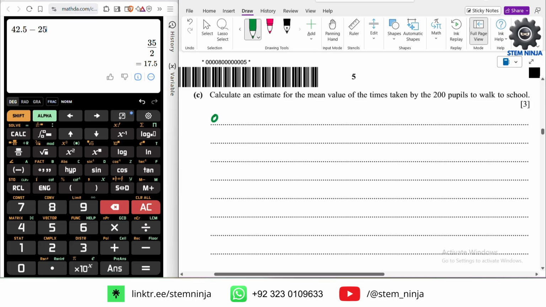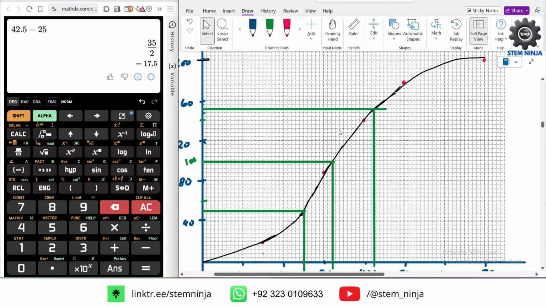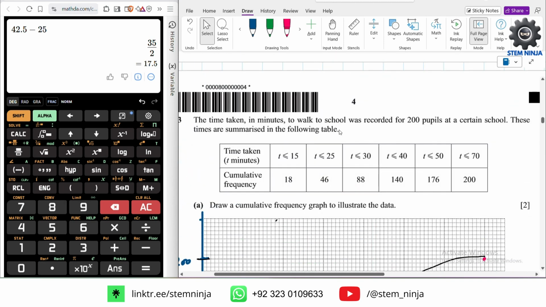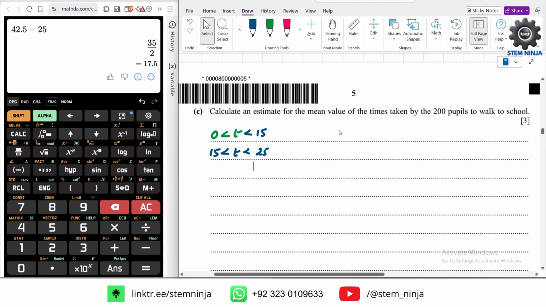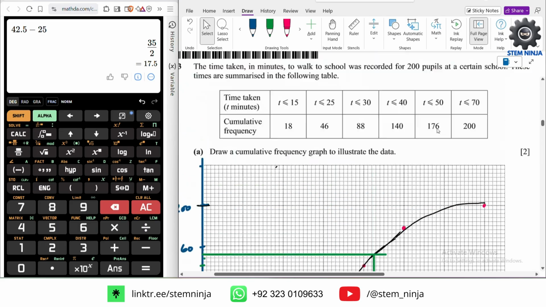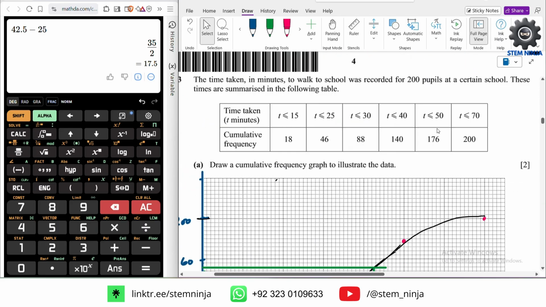So we will need to make, oh, we have enough space, okay. So we have first from 0 to 15, then we have 15 to 25, 30, 40, 50, and 70, right? 15, 25, 30, 40, 70.